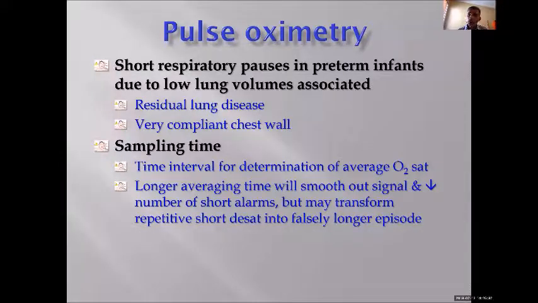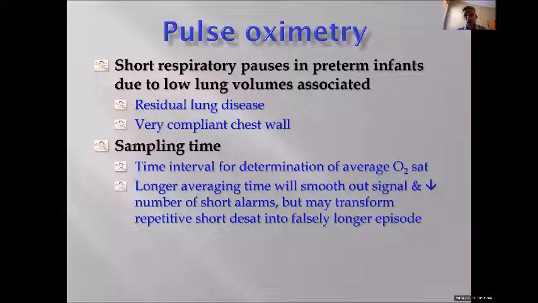Short respiratory pauses, what will you do with them? They give you an idea about low lung volume due to residual lung disease or due to a pliable chest wall. There is a very important factor when you use pulse oximetry, what we call sampling time, which is the time interval between two readings.